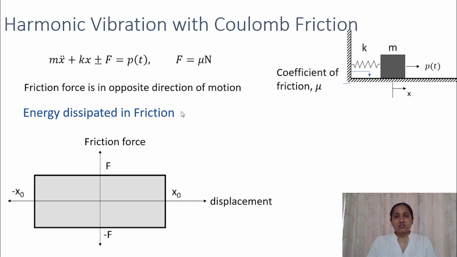The energy dissipated due to this friction will be equal to the area enclosed in this curve, and that will be 4 times F x naught. So this is the energy dissipated due to friction.